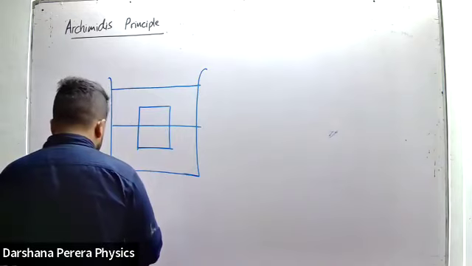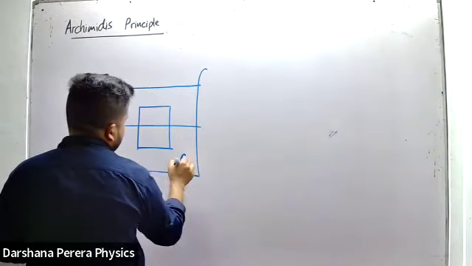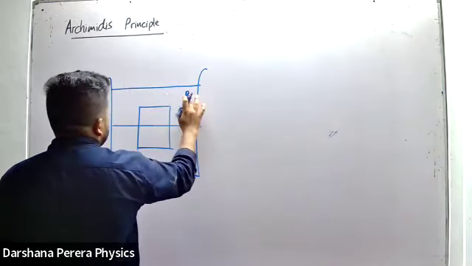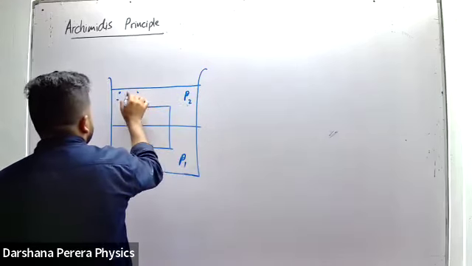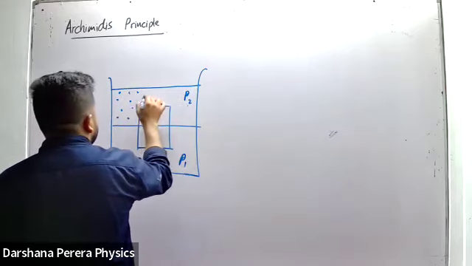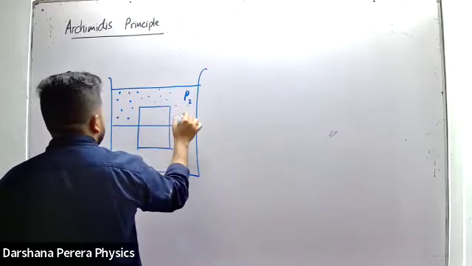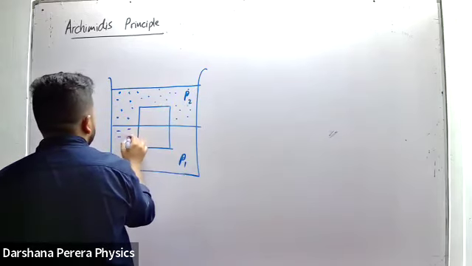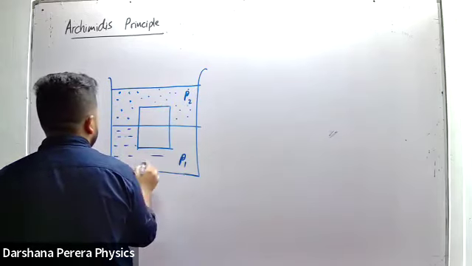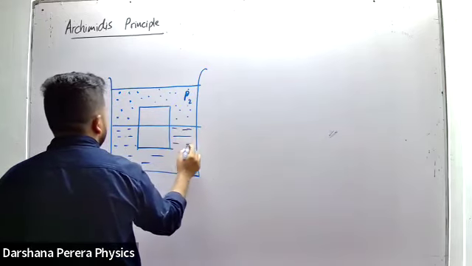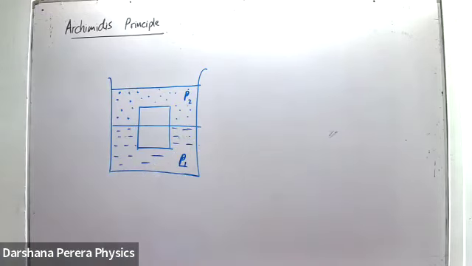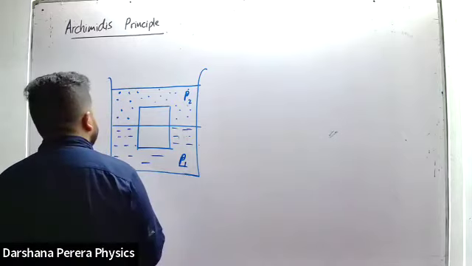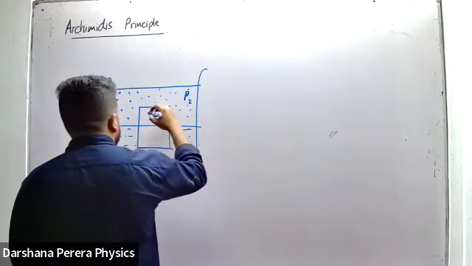When we consider the object, it's submerged in density rho 1 and density rho 2. In this case, if we have to take the total upthrust, we have to take that separately.